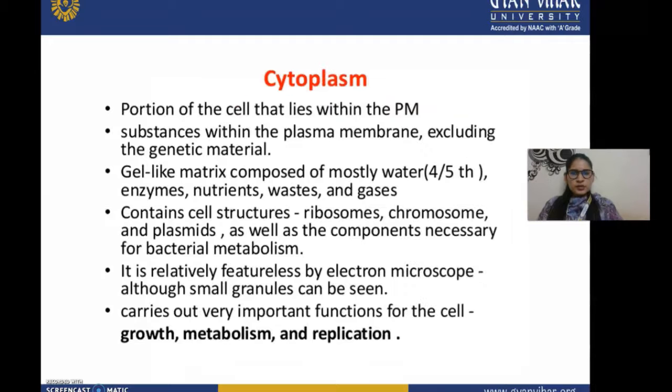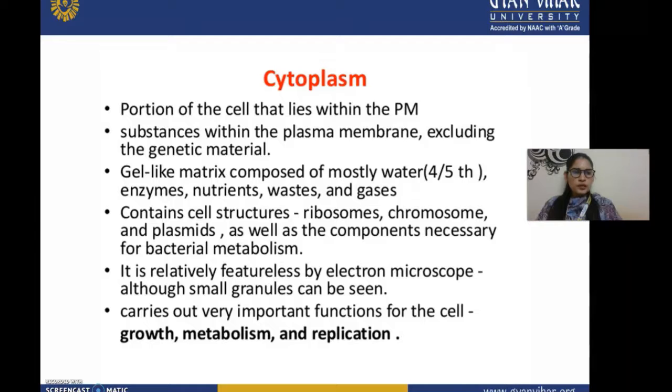Now, when we talk about the intracellular structure of a bacterial cell, it includes cytoplasm, chromosome, plasmid, ribosomes, and inclusion bodies. In a deeper study of the intracellular organization, cytoplasm is the portion of the cell that lies within the plasma membrane, and it is the substance within the plasma membrane excluding the genetic material. It is a gel-like matrix composed of mostly water, enzymes, nutrients, wastes, and gases.